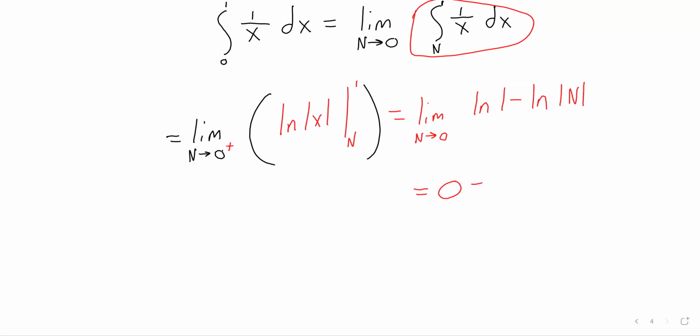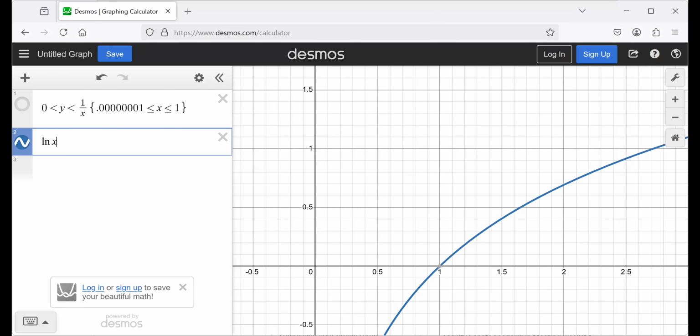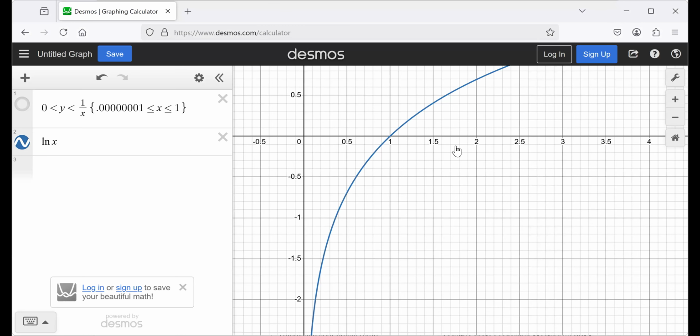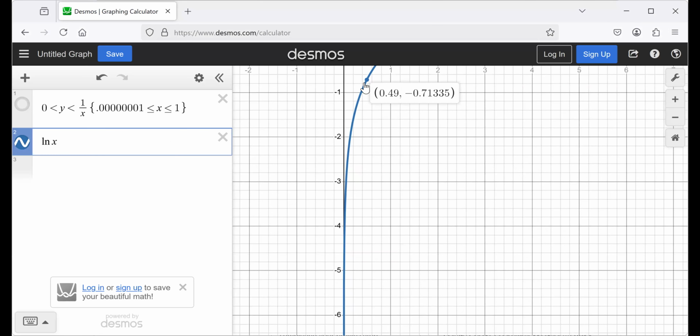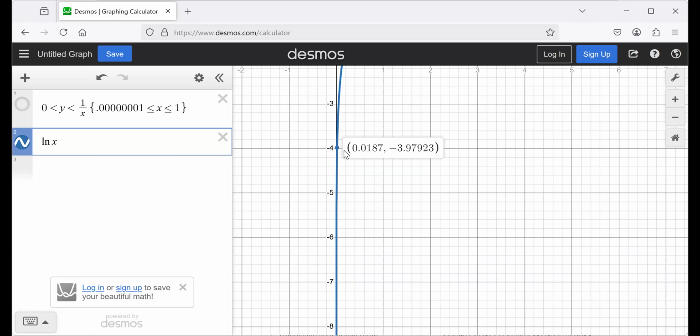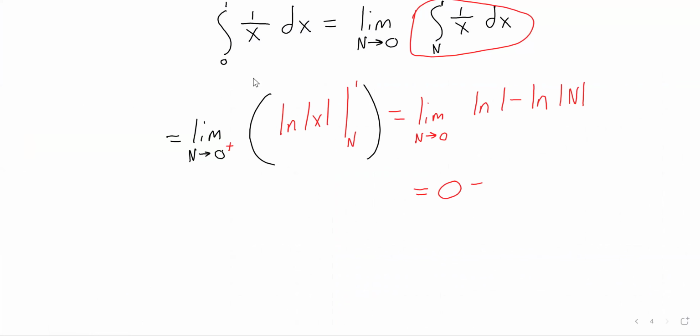Remind you of algebra, that's perhaps been a while. The natural log has a vertical asymptote at 0. As it approaches 0, y goes down to negative infinity. So the limit as we approach 0 doesn't exist. Or if we wanted to, we could say the limit as we approach 0 is negative infinity.